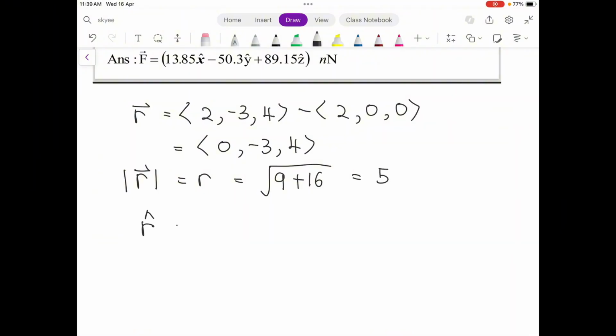So the unit vector r is (0, -3, 4) over 5.